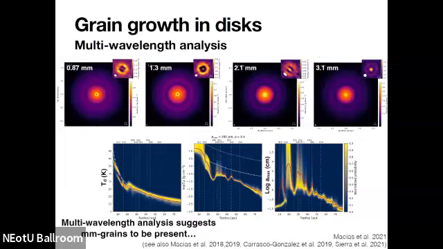If we have multiple wavelength continuum observations, we can essentially disentangle surface density, temperature, grain size, optical depth, and model them all together, removing degeneracies, and get a best fit for the maximum grain sizes in protoplanetary disks. And at the moment, it looks like millimeter grains really are present in these disks. So something is going well.